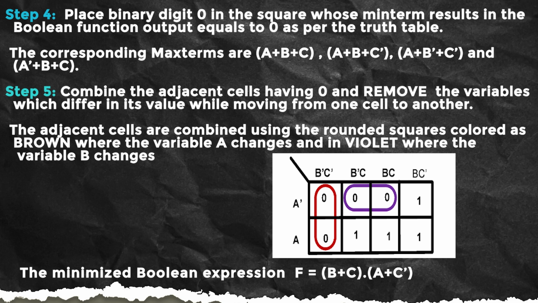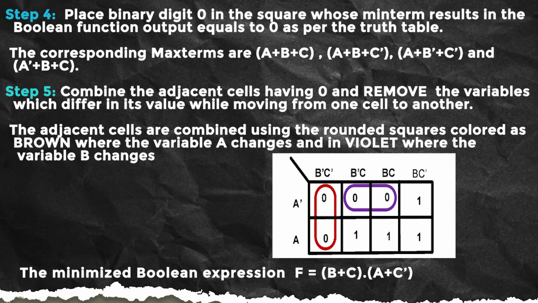Similarly, for A bar, B, C, the corresponding max term will be A plus B bar plus C bar. Similarly, for the min term A, B bar, C bar, the corresponding max term will be A bar plus B plus C.